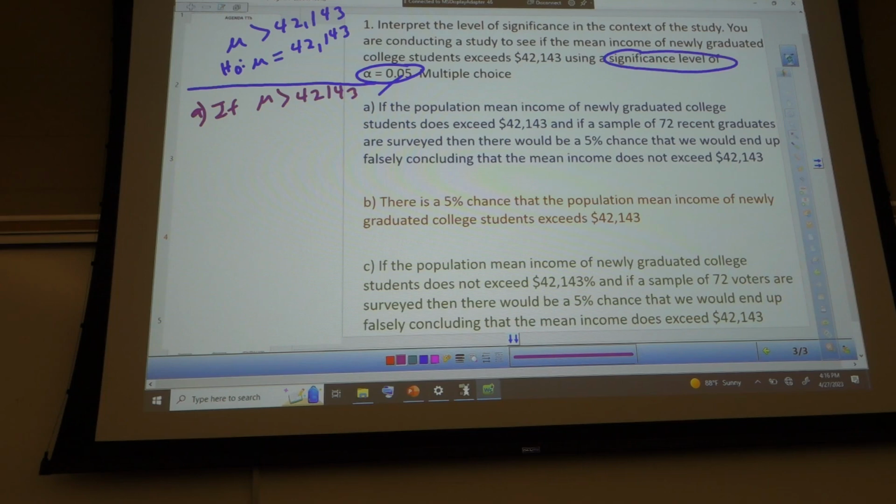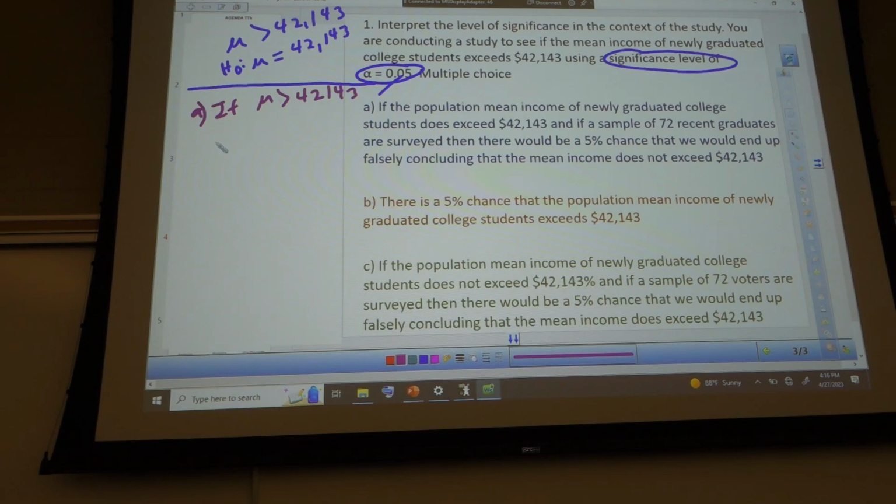Not reject. What is my H naught? Equals. So should I reject that or fail to reject that? Reject. If my mean really is bigger, I should reject H naught because H naught says I'm equal.